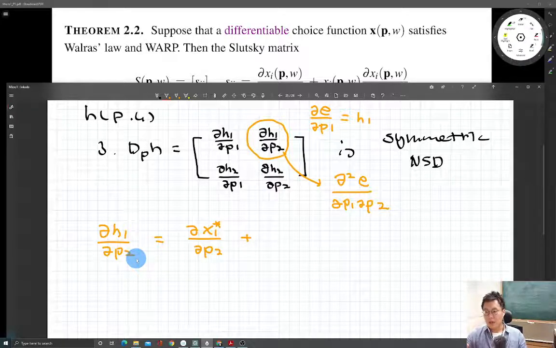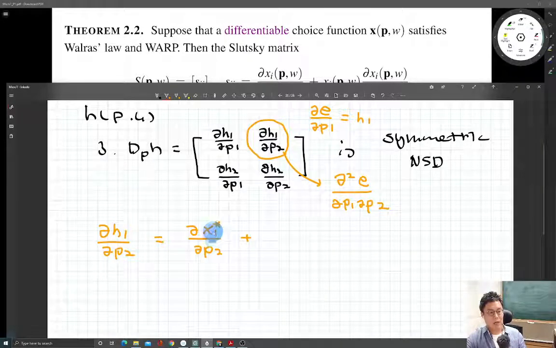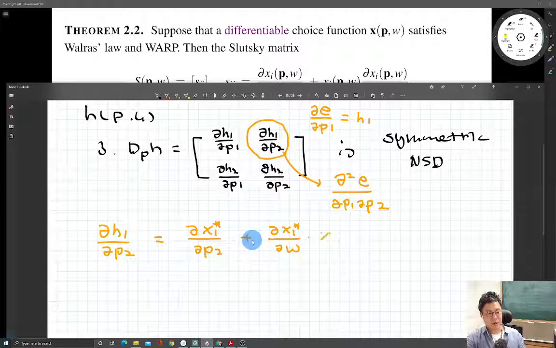The general sign of the income effect is negative in the Slutsky equation, so it will be positive once we subtract it. So we subtract away the income effect, that is the derivative of this Walrasian demand with respect to income, and we multiply by the Walrasian demand for good 2.